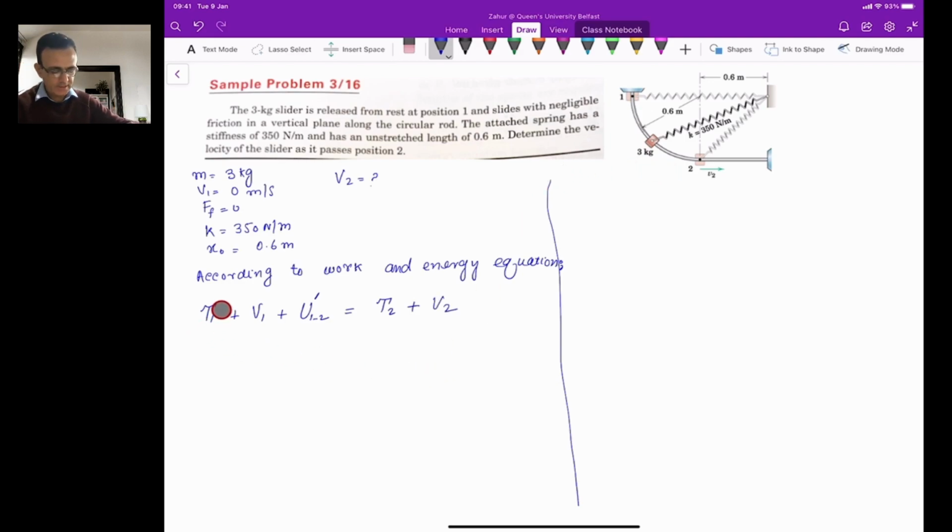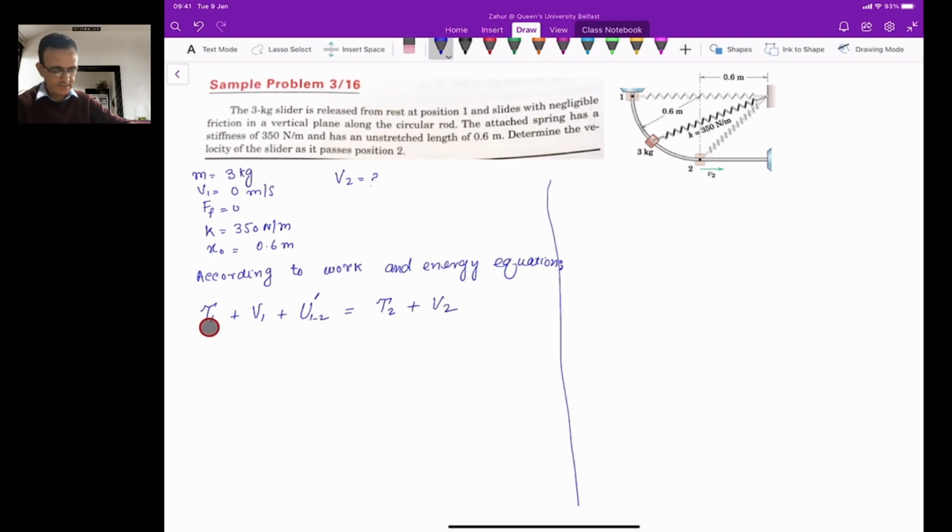So we know that the kinetic energy at position 1 plus the potential energy at position 1 plus the work done by forces other than gravity and springs equals the final kinetic energy plus the final potential energy.